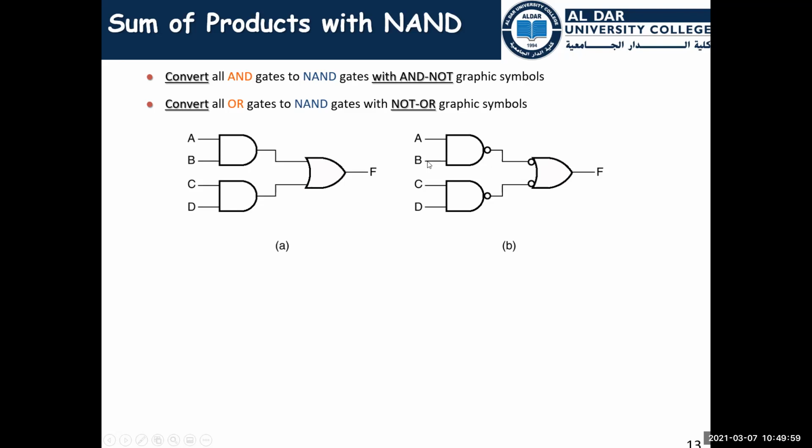These bubbles represent an inverter, and inverting an inverted variable gives the same variable again, or negative of negative is positive. This is just doing nothing, just converting the signal and converting it back. It doesn't have any effect on the logic.